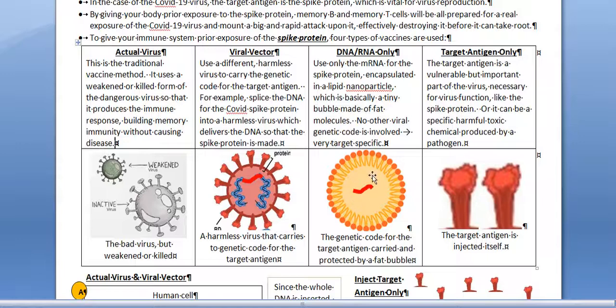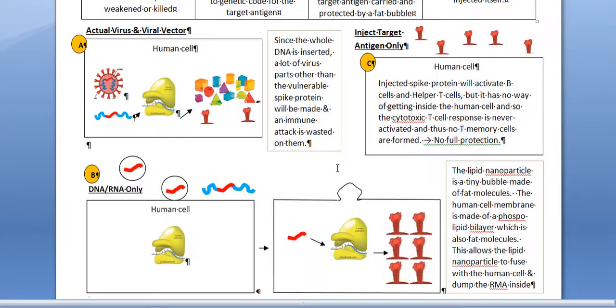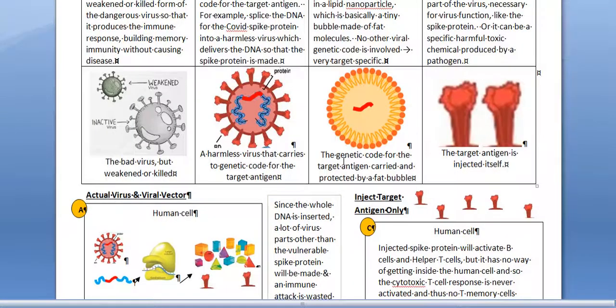And also, this lipid nanoparticle is attracted to and fuses with the cell membrane, so it joins with the cell and then dumps its contents inside. I'll show you how that works down here in a second. So the genetic code for the target antigen is carried and protected by a fat bubble.